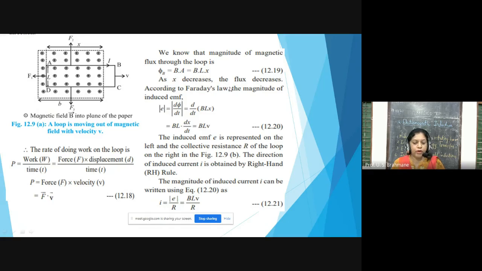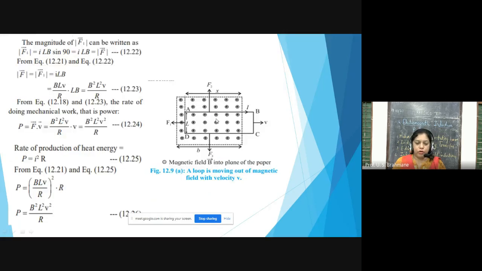So according to Faraday's law, the magnitude of induced EMF, E mod, we'll not consider the direction, so we'll not consider the negative sign. E is equal to mod of d phi by dt.